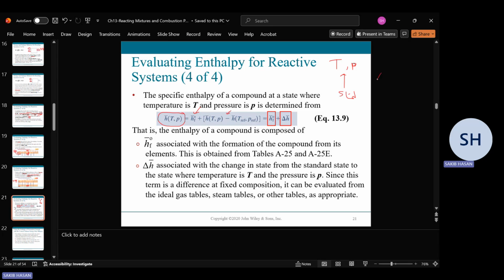What's interesting is that for this delta H, I can just look up my steam table, my ideal gas table, or any other table as appropriate, because in that case, that arbitrary datum gets canceled out from, let's say, H1 to H2. So what you get as the delta H value will hold even for this absolute enthalpy value. So this is how you get your values of enthalpy for these combustion reactions, right?